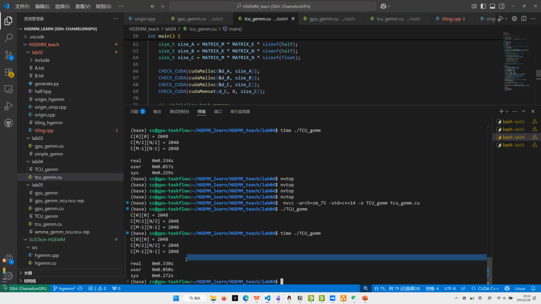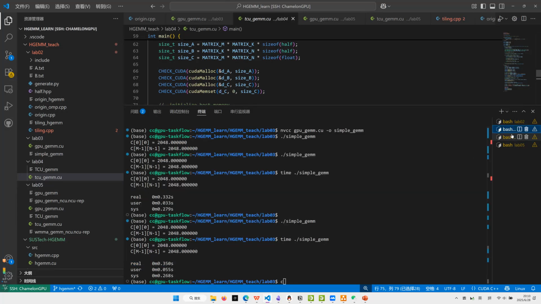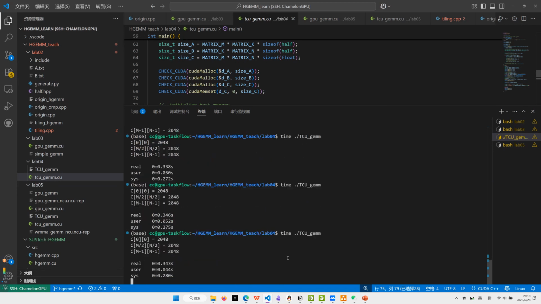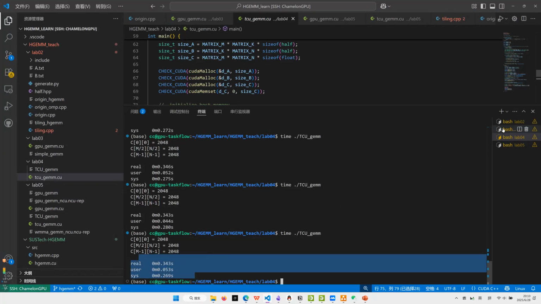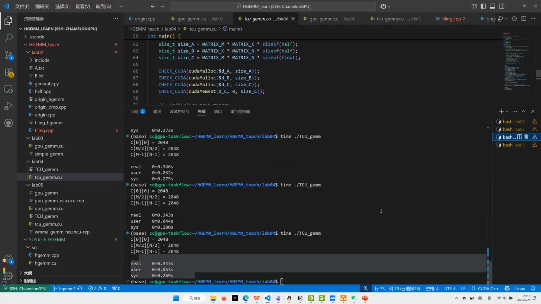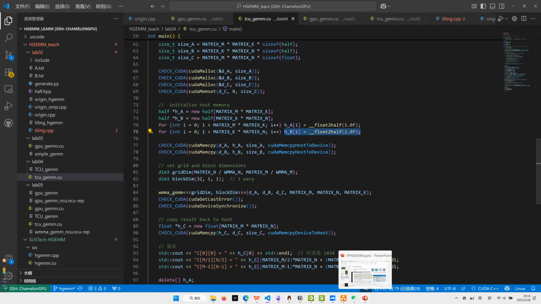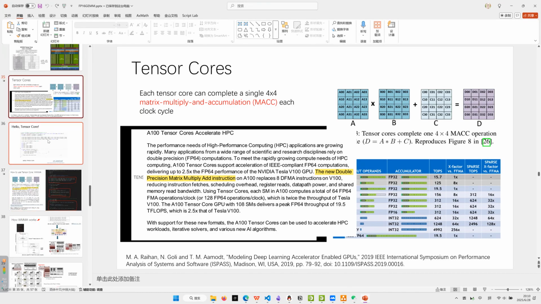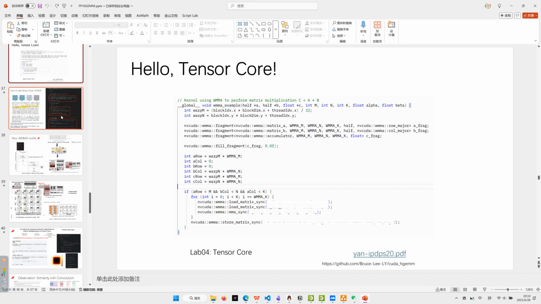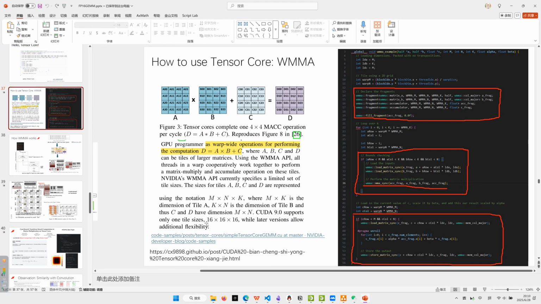It is even faster, by 0.338, than the previous one. I think most of the time it will be much faster. And since I haven't done most of the optimizations for this tensor core code, I just show a demo here. You can optimize it later.